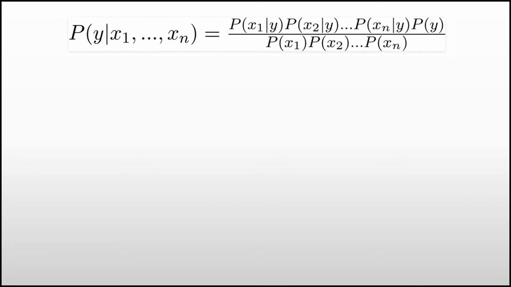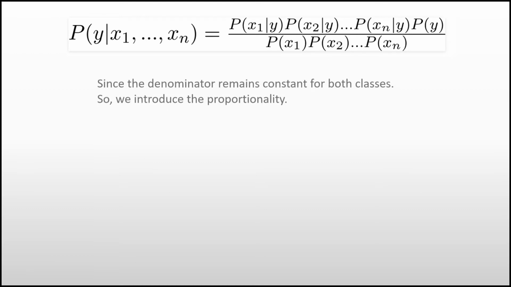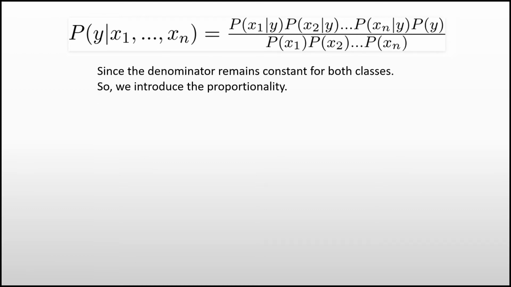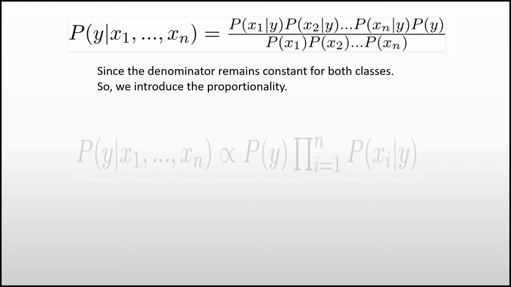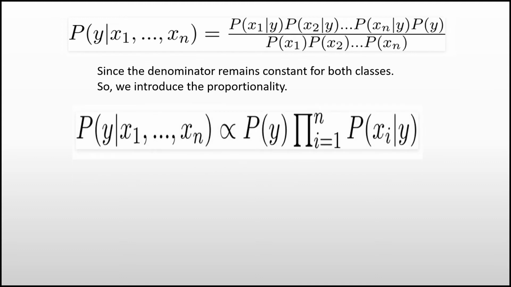Next, since the denominator is common for both the classes, that is for both not to play golf and to play golf, we can remove the denominator and introduce a proportionality constant, and also I have introduced a product of all the likelihoods of all the features given the class Y. And I have multiplied it with the prior probability of the class, which will give the probability of the class.